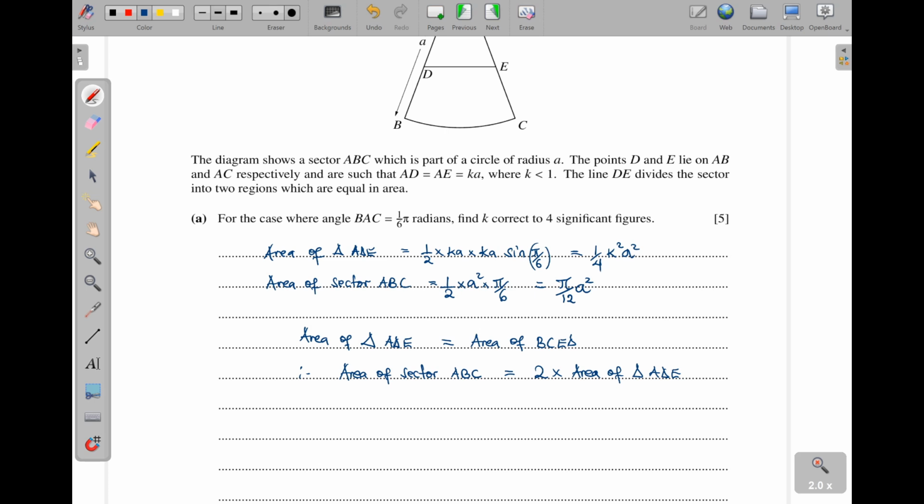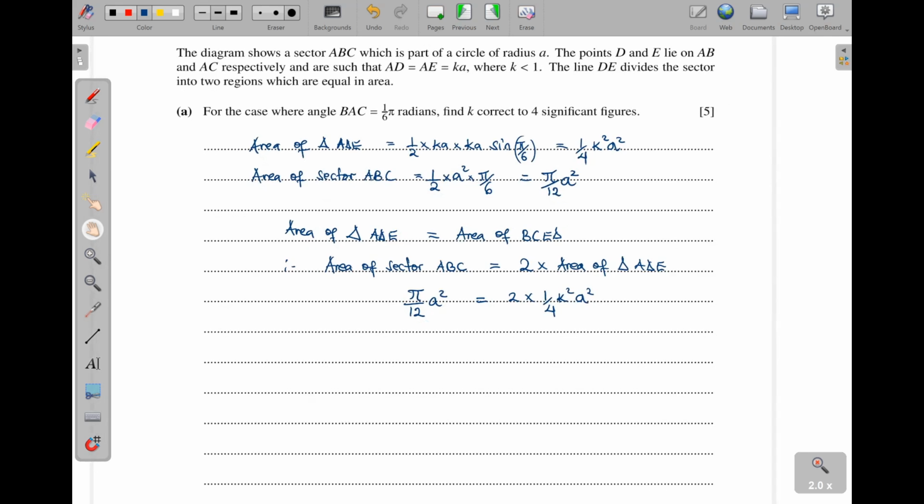So area of the sector is pi over 12 of A squared. Then here we have 2 times area of the triangle is a quarter, then K squared A squared. They said we find the value of K. Now A squared is on both sides, so that one can disappear. So we shall have pi over 12, which is equal to a half of K squared.